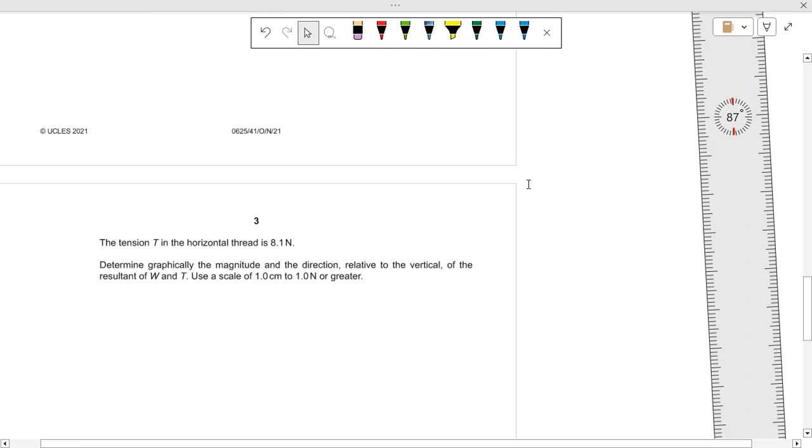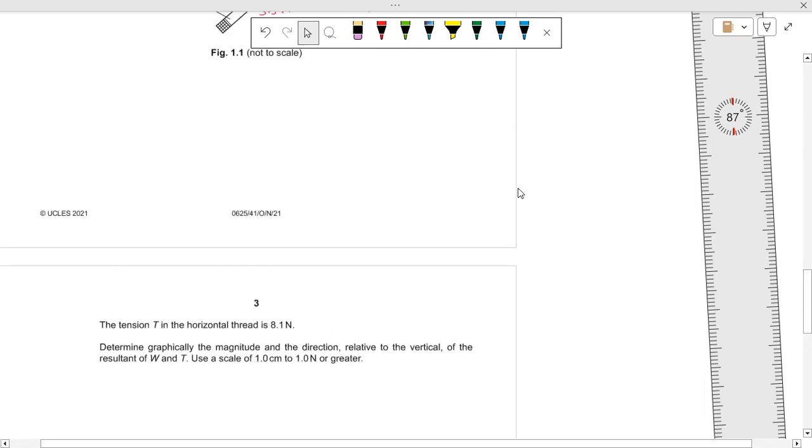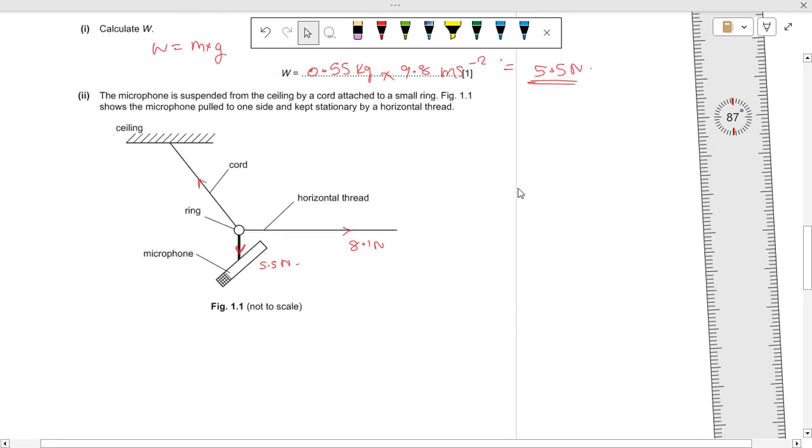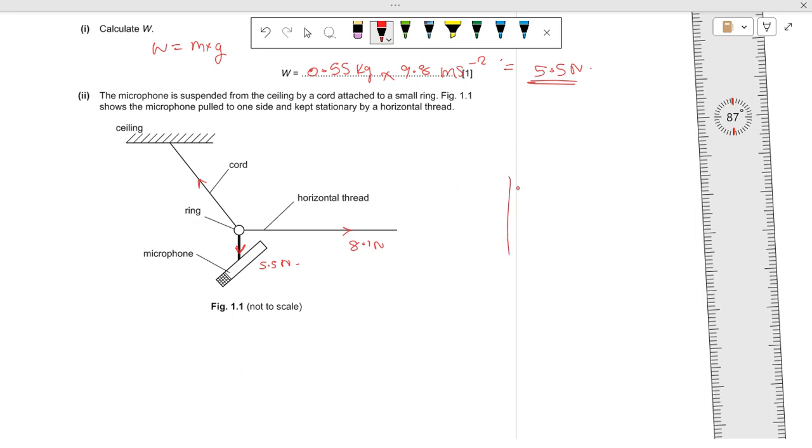Determine graphically the magnitude and the direction relative to the vertical of the resultant of W and T. Use a scale of 1 centimeter to 1 newton or greater. When two vectors are exerted perpendicularly, the resultant force should be in between, in this angle.